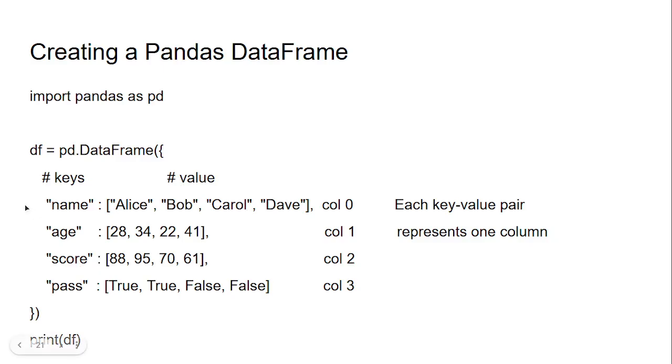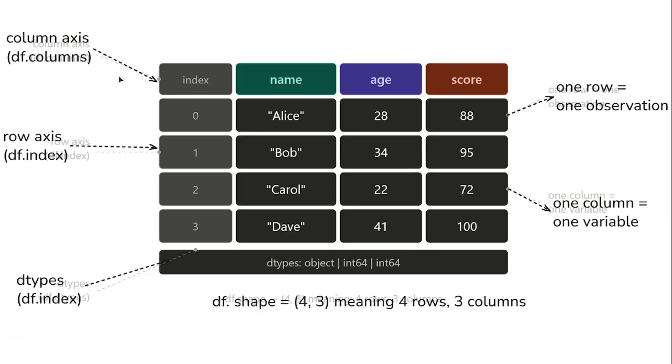So when we declare the data as this, one element represents column 0, another element represents column 1, the score and its data represent column 2, and pass and the boolean values represent column 3. So each key-value pair represents one column, and this is shown as this.